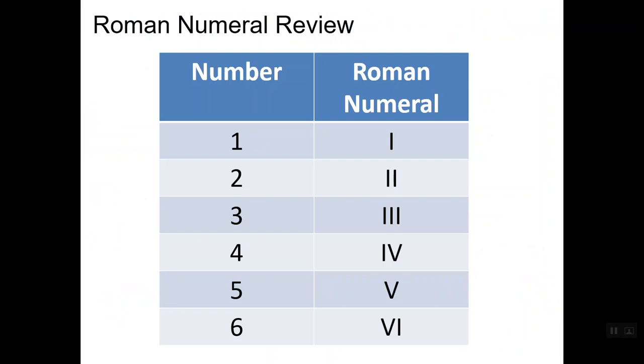If you remember 5 is the V, 4 is the 1, which is the I, before the 5. So 1 before 5, that's the number 4. For 6, it's the VI, which is a 1 after the 5, which is the number 6 comes after the 5. So hopefully that's a nice little trick, and you can remember the 4, the 5, and the 6 from that.